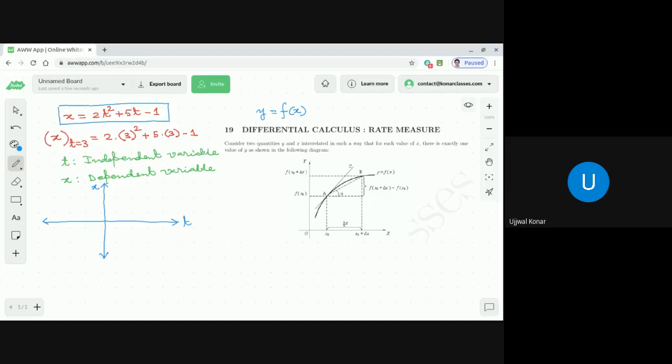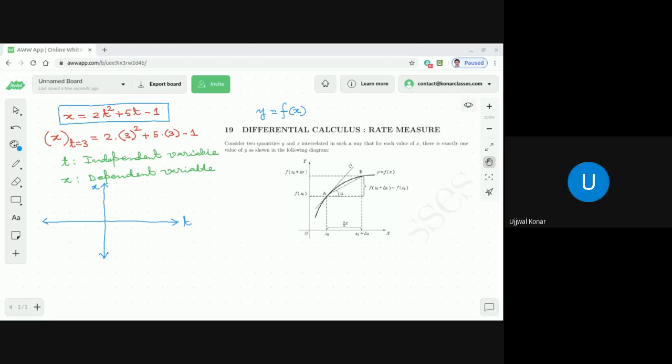In the x-axis, we have defined the independent variable x, and in the y-axis, we define the dependent variable y. Correct or not? Now, this diagram represents the graph of y versus x.